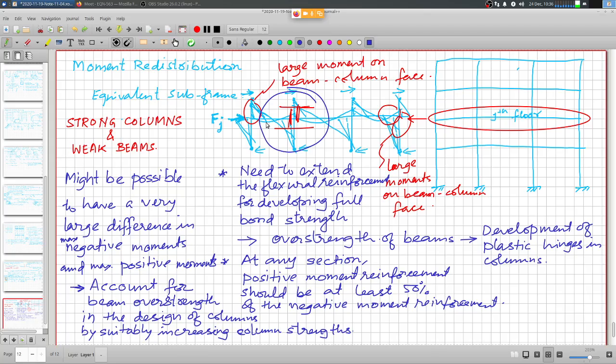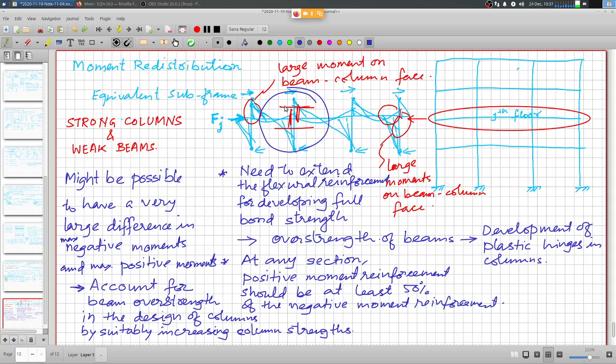So the alternative is that we can choose to redistribute the elastic moments, taking cognizance of the fact that plastic hinges are going to develop when the design earthquake action is anticipated.